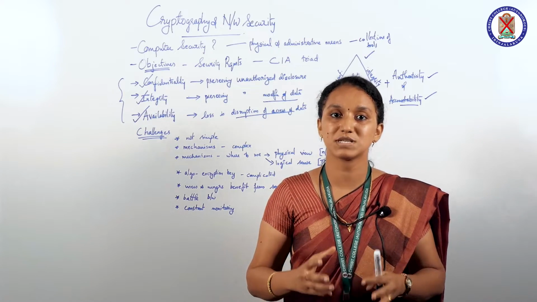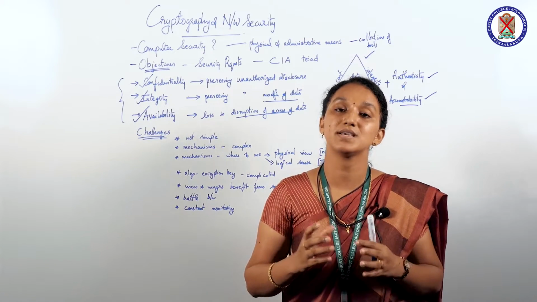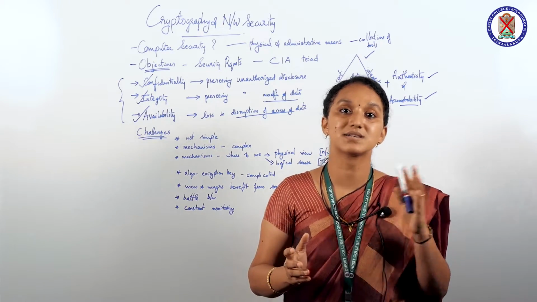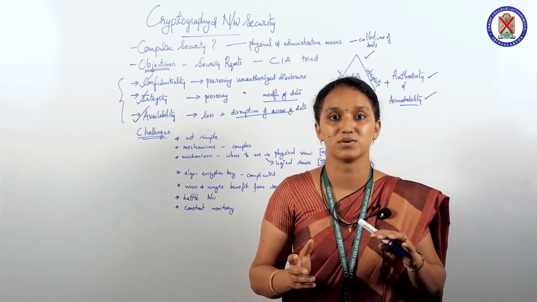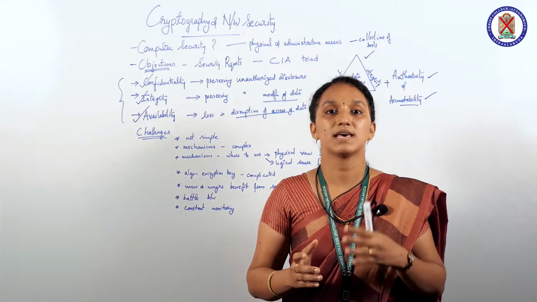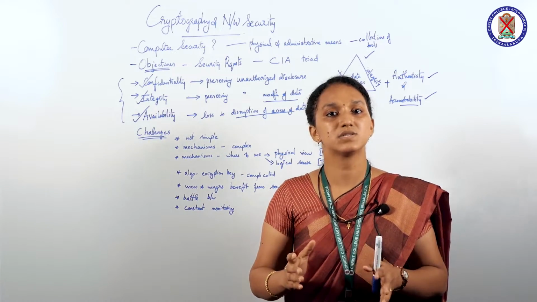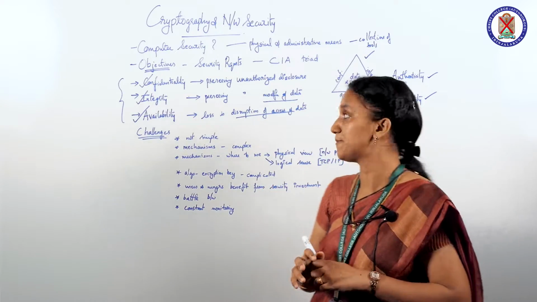So some records must be there. That property is called accountability. Computer security deals with this concept, accountability.